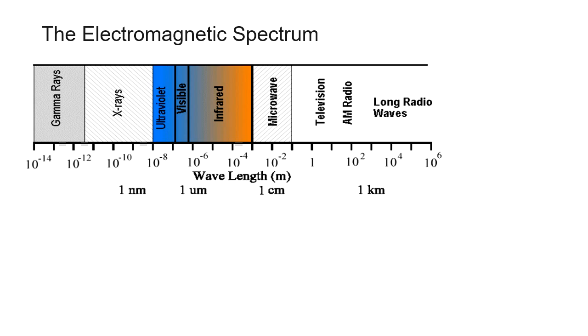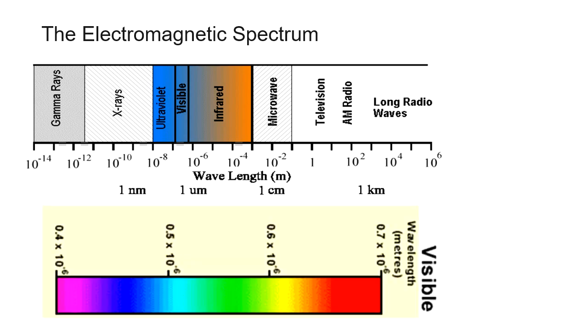As you can see here, the gamma rays, X-rays, ultraviolet radiation, visible radiation, infrared radiation, microwave, and radio waves. Each of these named portions represents a range of wavelengths, not one specific wavelength. It's a range. So the electromagnetic spectrum is continuous and does not have any clear-cut class boundaries.